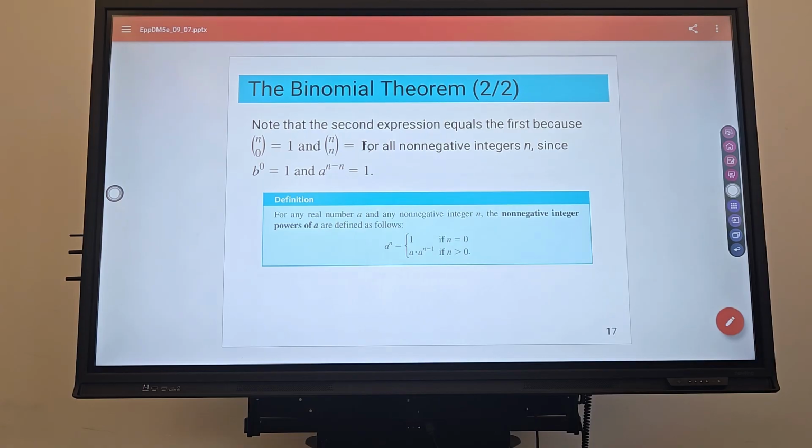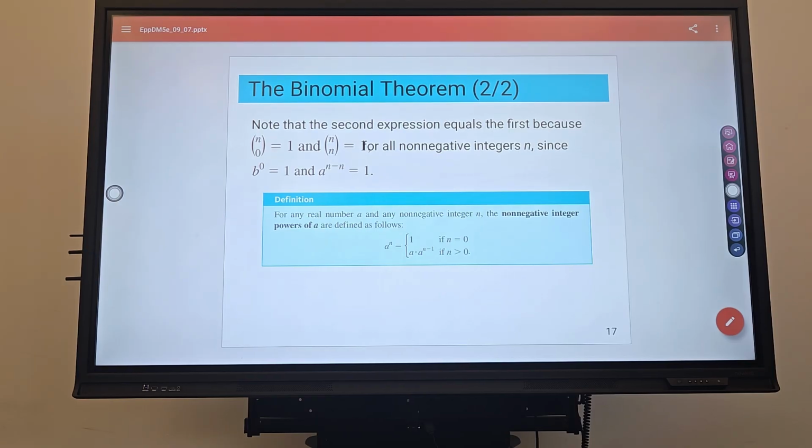Note that the second expression equals the first because n choose 0 is equal to 1 and n choose n is 1 for all non-negative integers n, since b to the power of 0 is 1 and a to the n minus n is 1 as well.